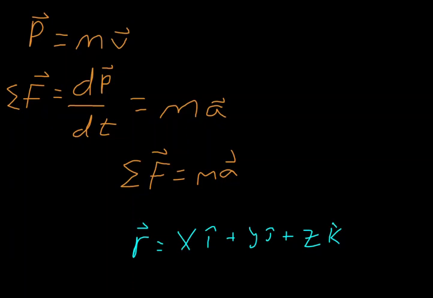This is the three-dimensional version of displacement. It's the displacement in x times the x unit vector, displacement in y times the y unit vector, displacement in z times the z unit vector, k hat. It's just a way to generalize displacement to include movement in three dimensions, which is how our real world works.